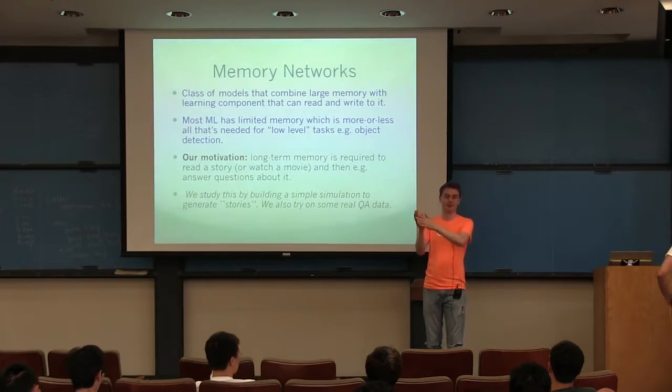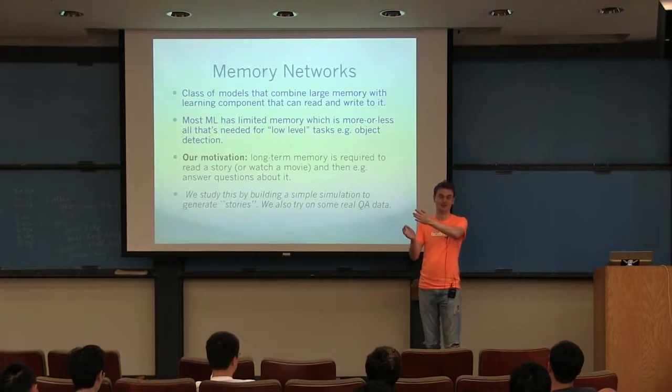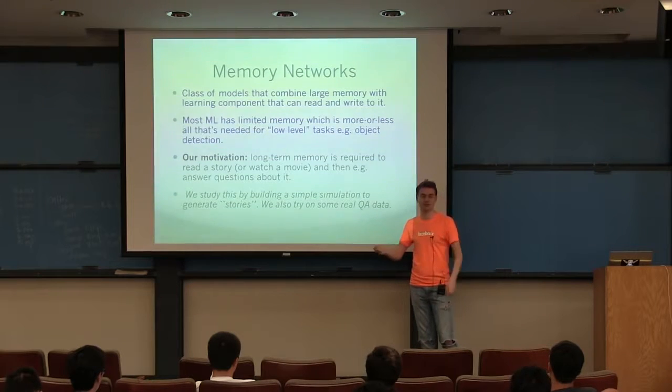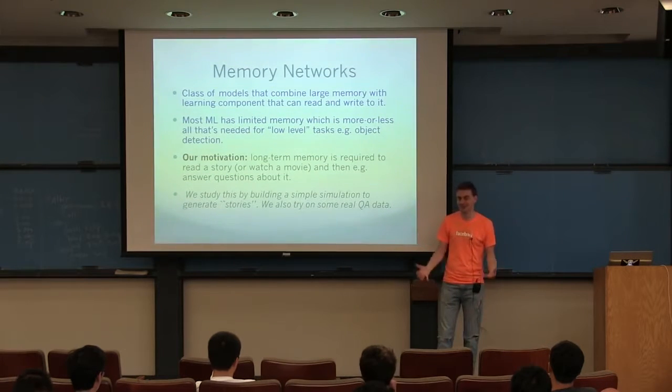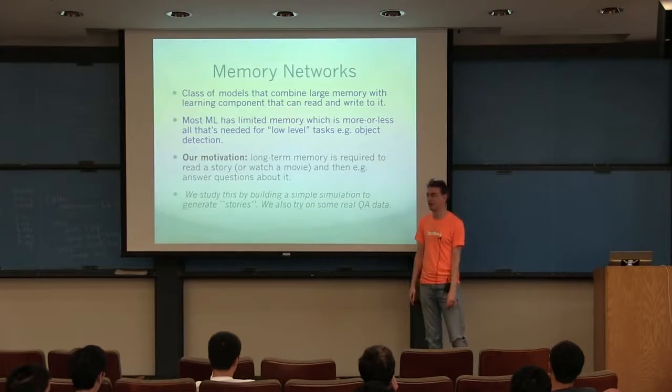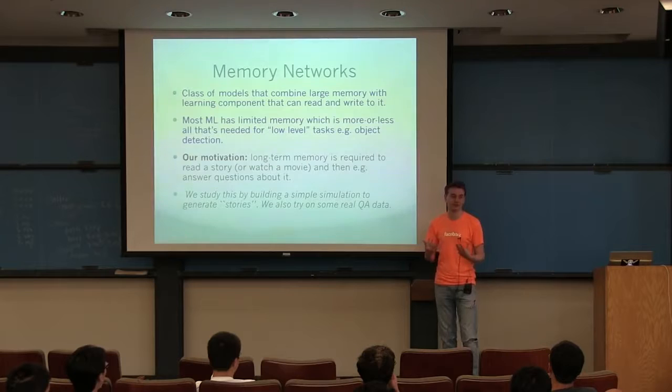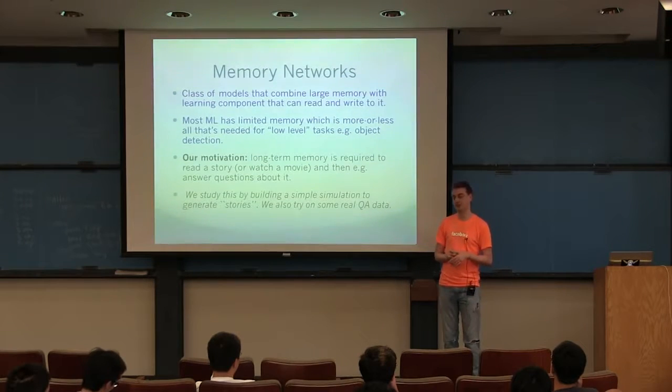That's going to be a different answer than if you asked the question earlier on, before they'd gone to the cinema. So you have facts that change depending on the time point. That's a slight variation you have to take into account when reading a story. Anyway, these are the motivations for these models that we came up with, but we think they have lots of other uses as well.